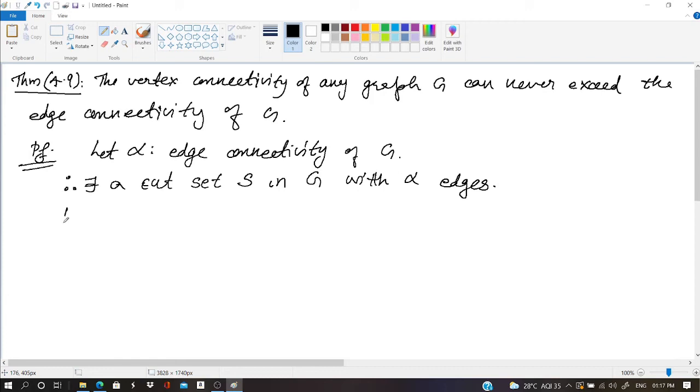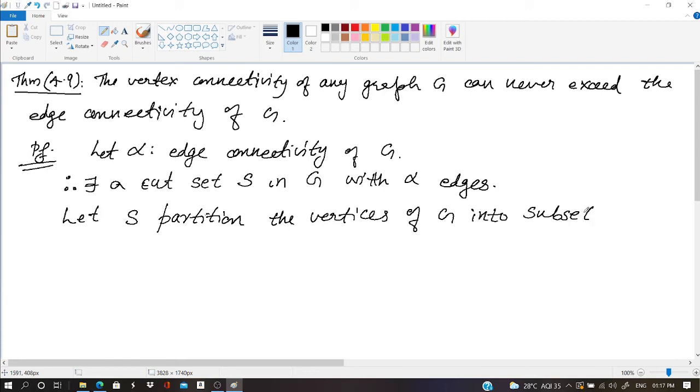Let S partition the vertices of G into subsets V1 and V2.